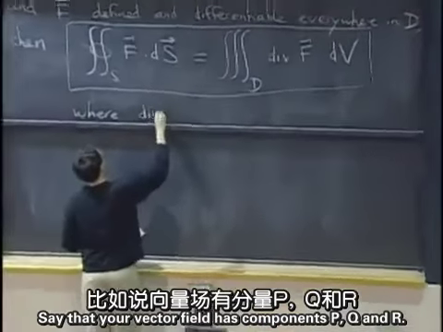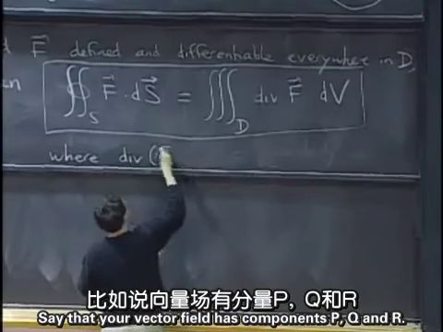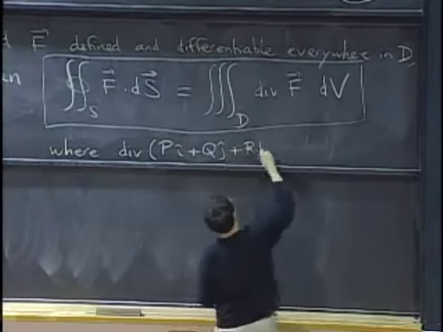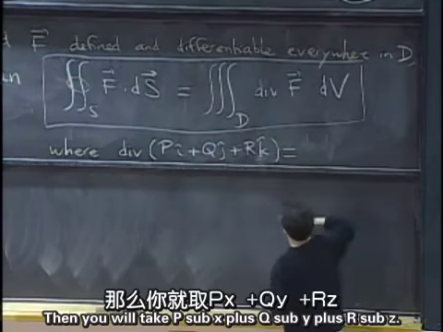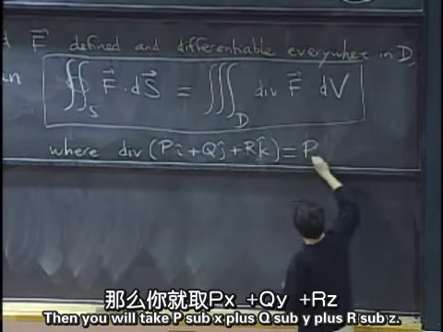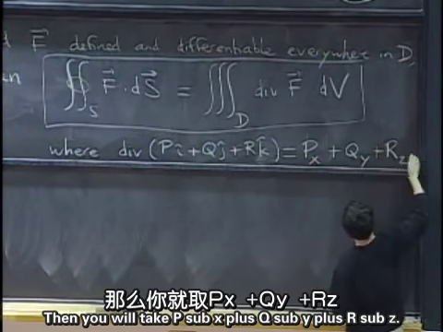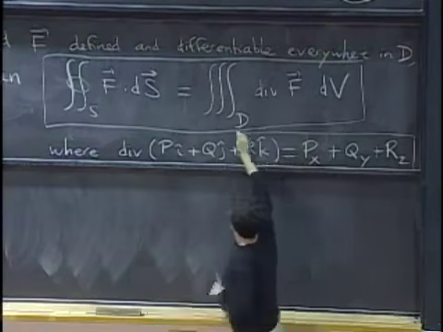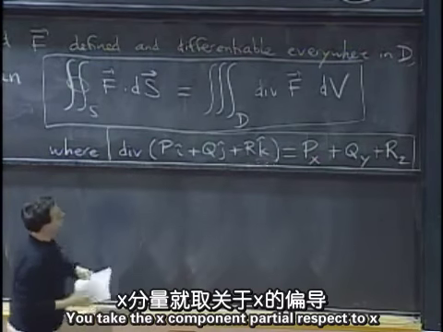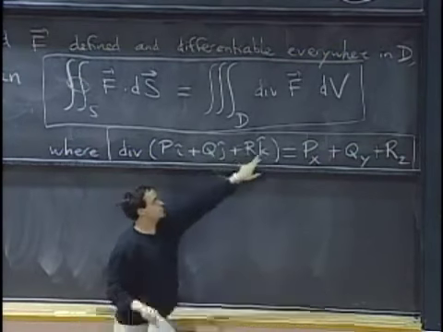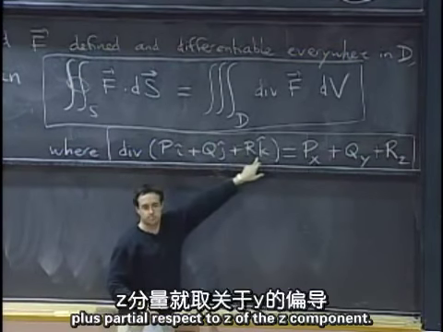Say that your vector field has components P, Q, and R, then you will take P sub x plus Q sub y plus R sub z. That's the definition. It's pretty easy to remember. You take the partial with respect to x of the x component, plus partial with respect to y of the y component, plus partial with respect to z of the z component.